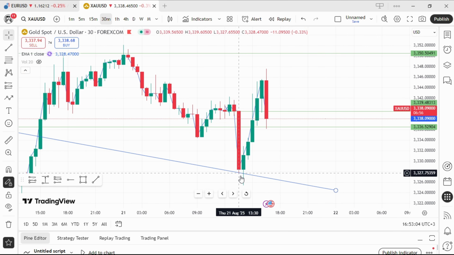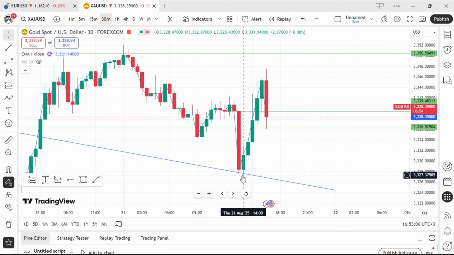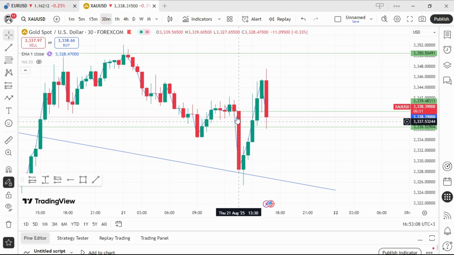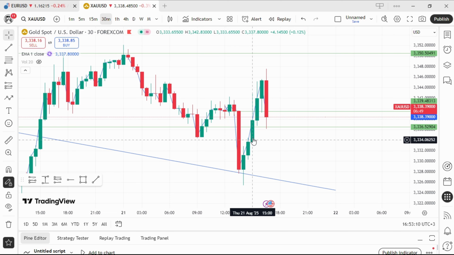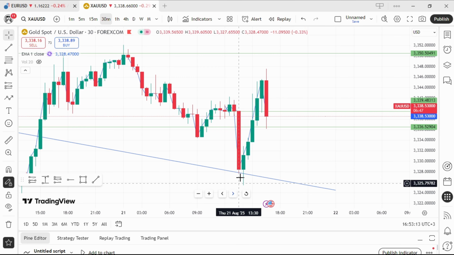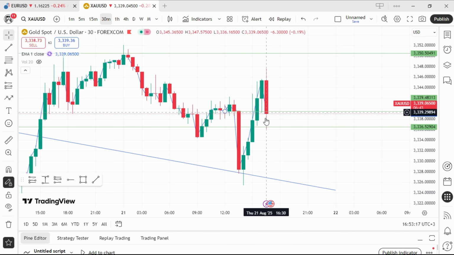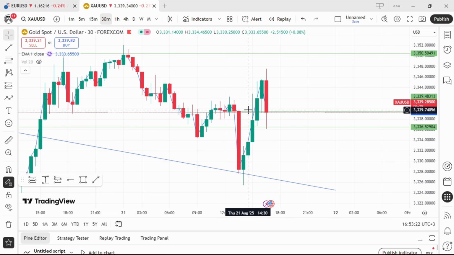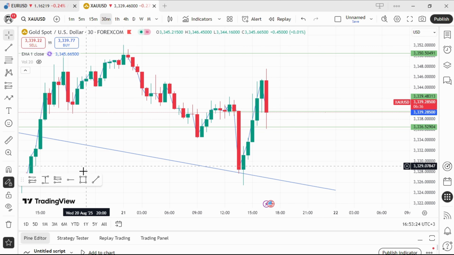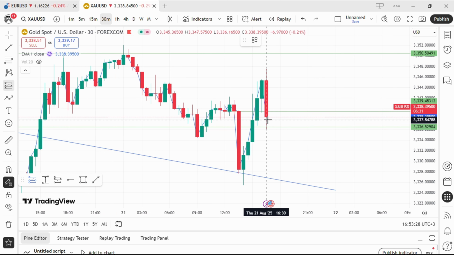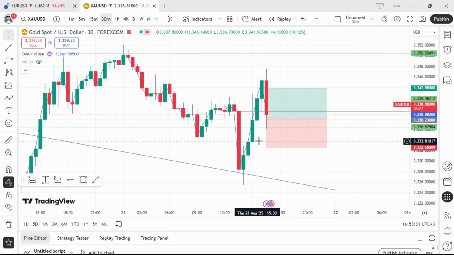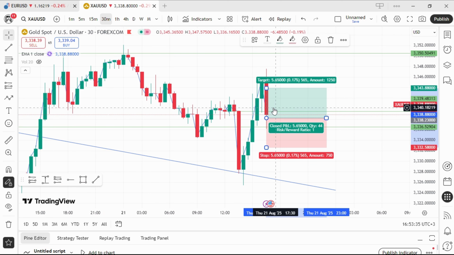Now you see M30 comes and touches here, and where is the next level for the breakout to happen? It's up here, and then M30 comes, breaks all these levels, and then of course we had news, that candlestick you're seeing. So you just need to find confirmation on any of these gaps, and when you get that confirmation, you take your entry. Okay, you take your entry basing on confirmation.